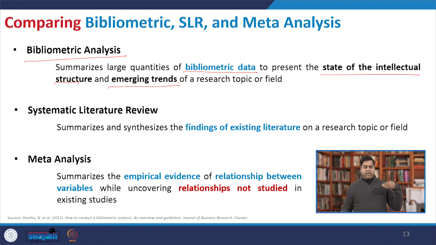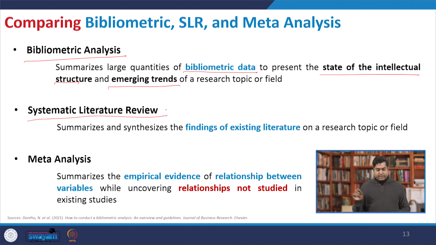So here it is much more on the topic, the publication, the year. We are not looking at the content of the paper, what its methodology is or anything like that. Only with the bibliometric data we are doing the analysis, useful to identify the emerging trend, or the publications.